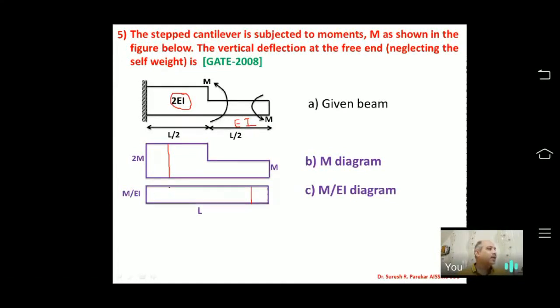Therefore we are going to get M by EI throughout, and so my diagram remains the same.